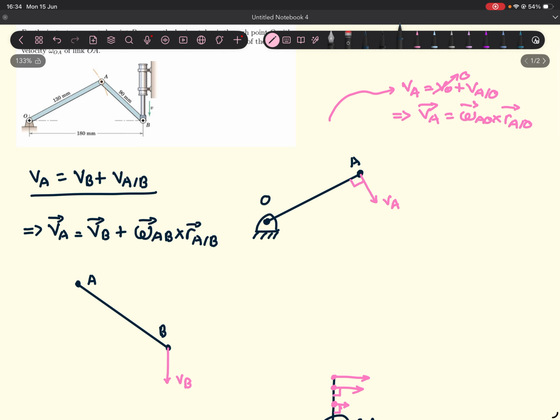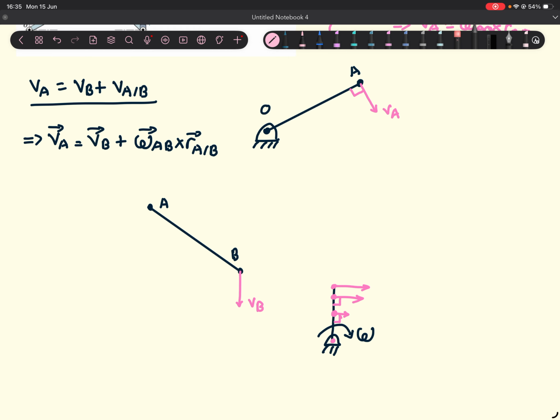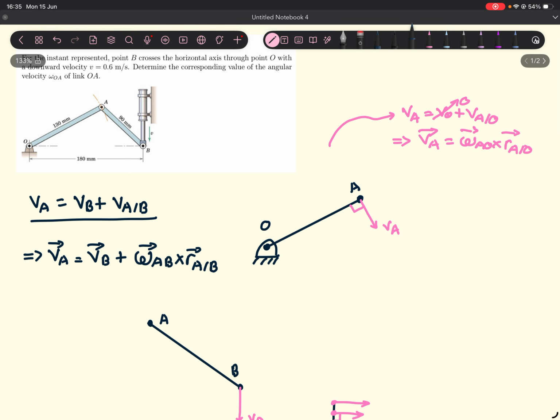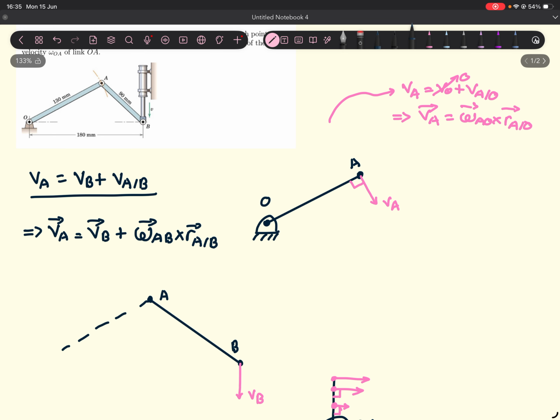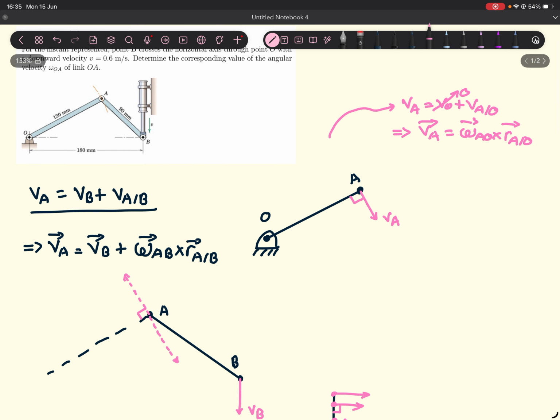Cool. So on my diagram over here, I'm going to draw in AO just so I can reference it when drawing VA. Cool. I'm going to draw it in like that. And then I know that VA is either going to go down or it could go up, right? We don't really know.